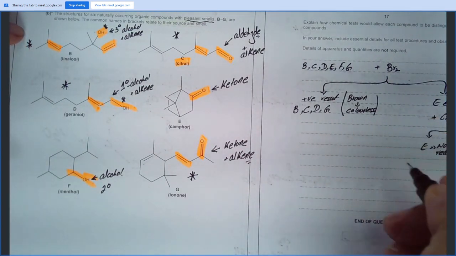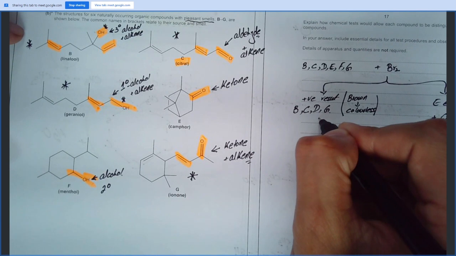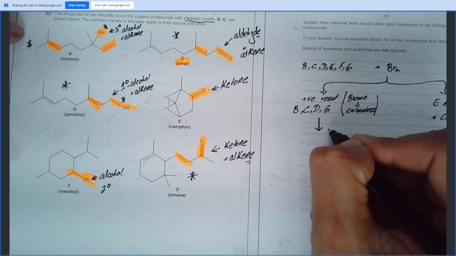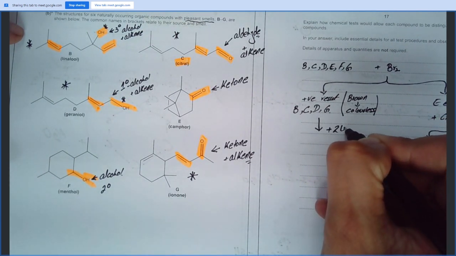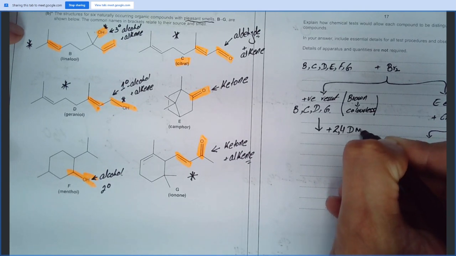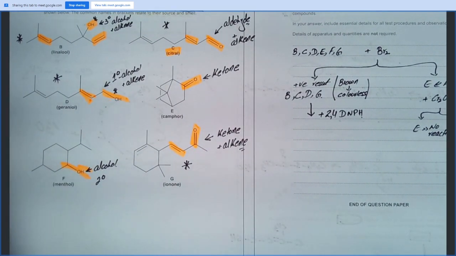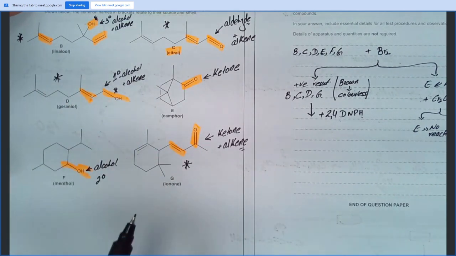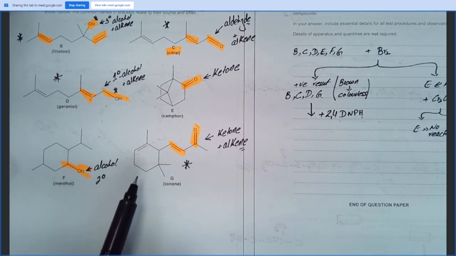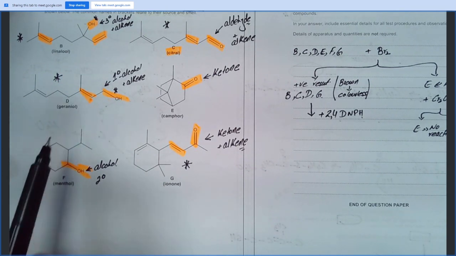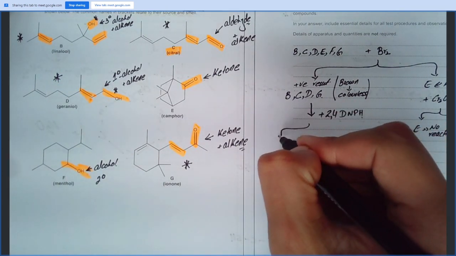What I can now do is add 2,4-DNPH. What does 2,4-DNPH do? It will identify the presence of a carbonyl compound. So with B and D, it will not give me positive results.